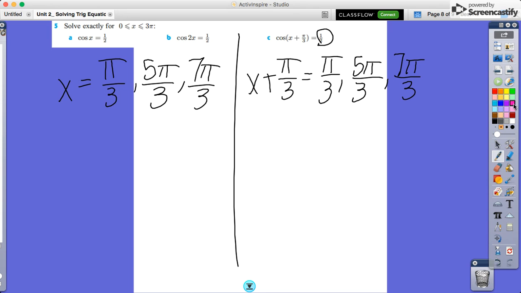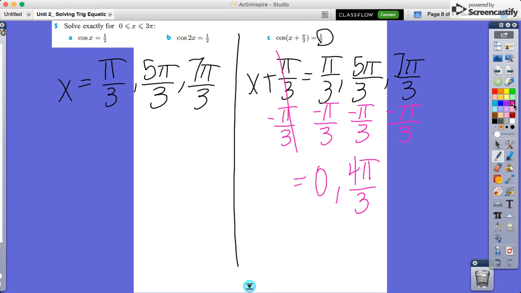Subtract pi over 3. So what do I get? 0, 4 pi over 3, and 2 pi. So this is 6 pi over 3, which simplifies to 2 pi.